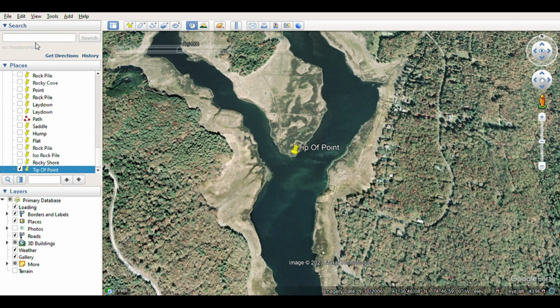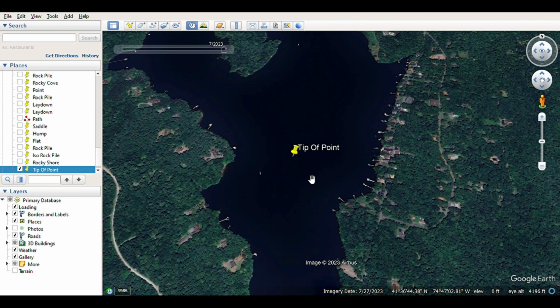Enter. So now that spot is marked. So now when you go back to full pool, that's where the tip of the point is. And you would never know that on the water or from above if you don't go back into the history.